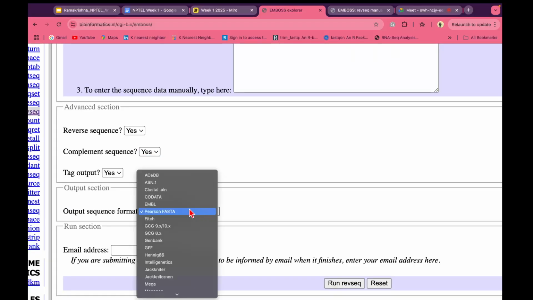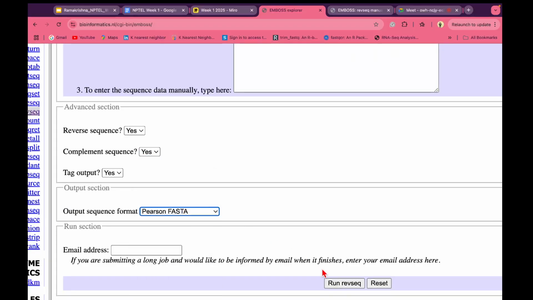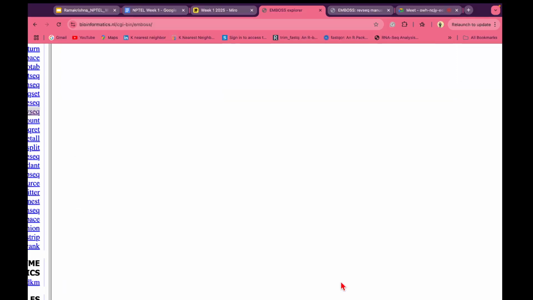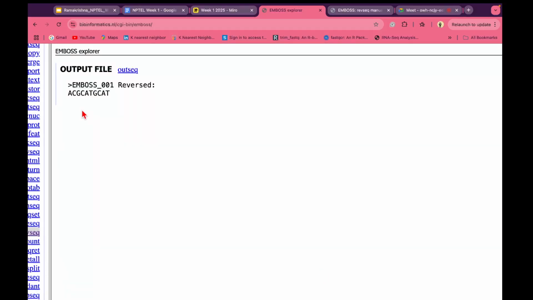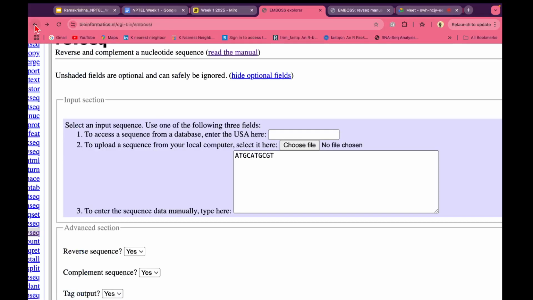The output is FASTA format, or any other format is fine. So I am clicking on run revseq. So this is the complementary sequence of our given strand. So let it be the reverse complementarity.